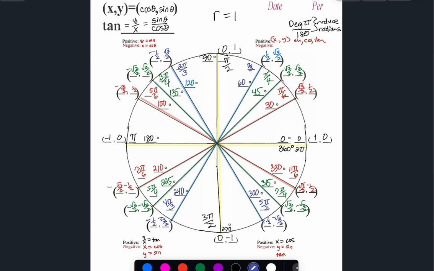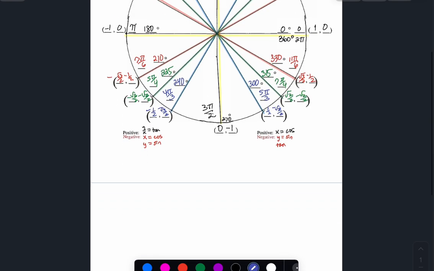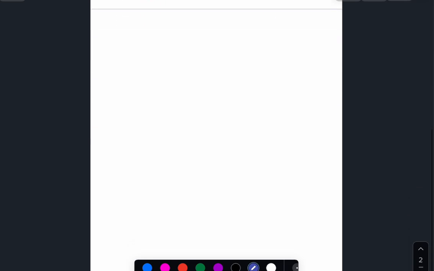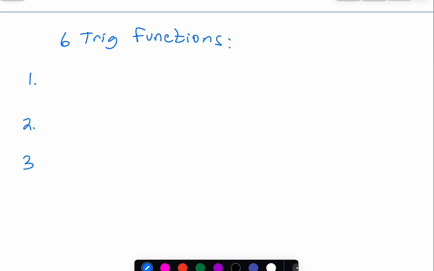Could you please flip over your paper? There's some information on the back that I want you to do. So our 6 trig functions, this is what I'm looking for. First, let's do sine, cosine, and tangent.